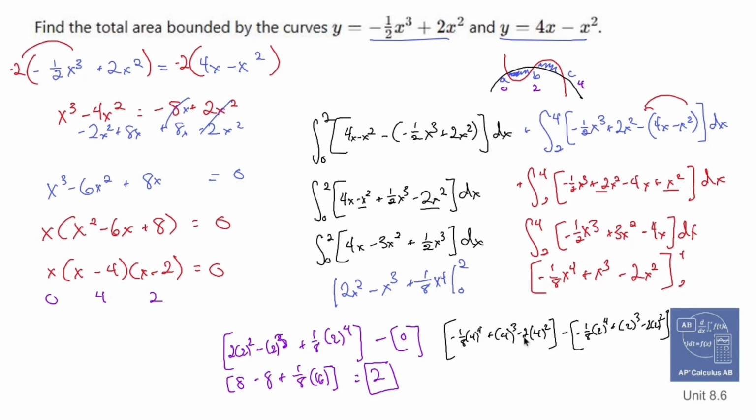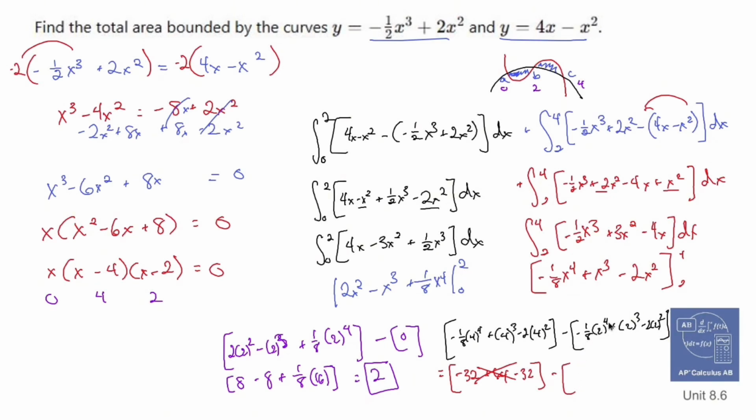Let me see. We are going to end up with 4 to the 4th is 256, and then negative 1/8 of that is negative 32. Okay, plus 64. 4 squared is 16 times negative... oh, no way. Nice, you just go away. How about that? Minus negative.